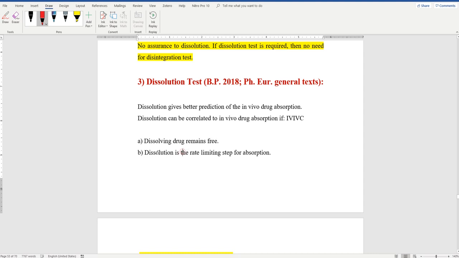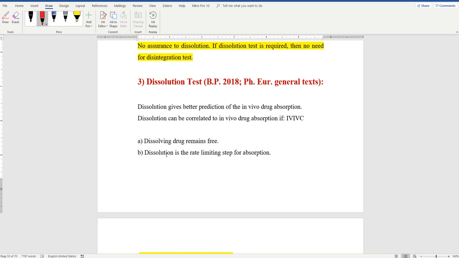And the other condition is that the dissolution is the rate limiting step for absorption, which means that the absorption is fast. The only thing that is limiting absorption is dissolution. Okay? So if all of the drug dissolves at once, absorption will also happen very quickly.